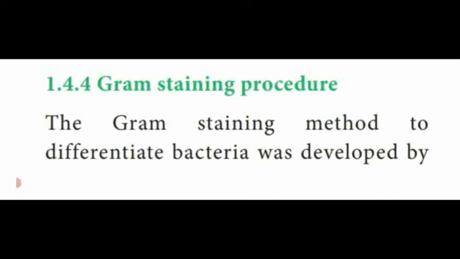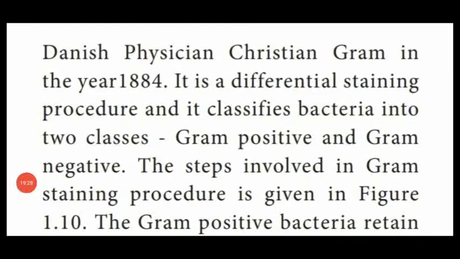This method was developed by the scientist Christian Gram in the year 1884, so this procedure is named the Gram staining procedure. Dear students, Christian Gram is a Danish physician, that is a doctor. He developed the Gram staining procedure in the year 1884.